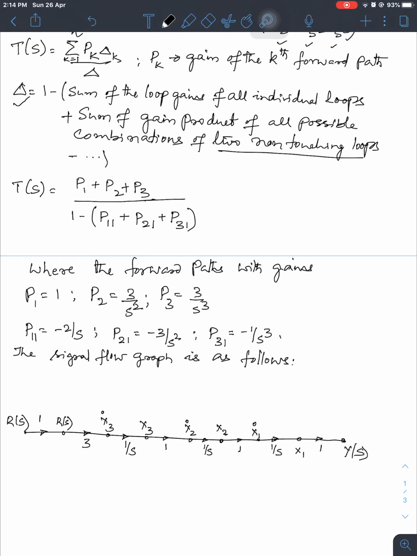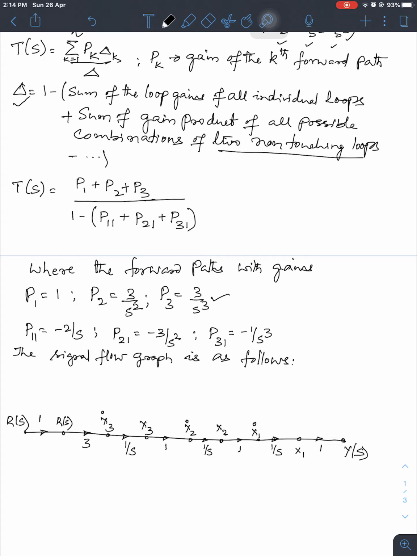So this forward path we are able to synthesize. Sorry, this one we have synthesized. P3 we have synthesized. Alright. Now we will try to synthesize the second forward path, that is 3 by s square. So 3 by s square, so what we do is, this is 1 by s and 1 by s. So from here we will try to get 3 by s square.